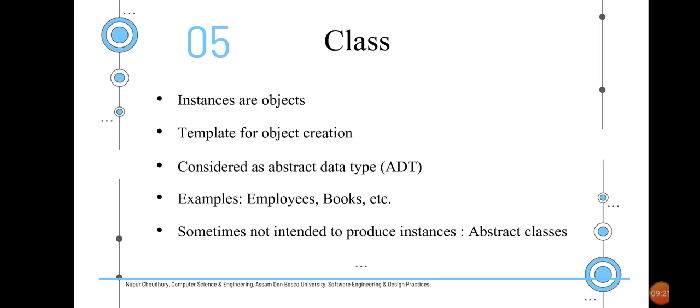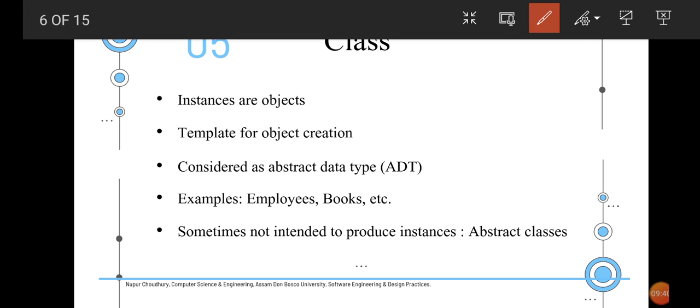Talking about objects, we have to encapsulate, or use, these objects in context to a class. A class has its instances as objects, and basically it is a blueprint to create objects.